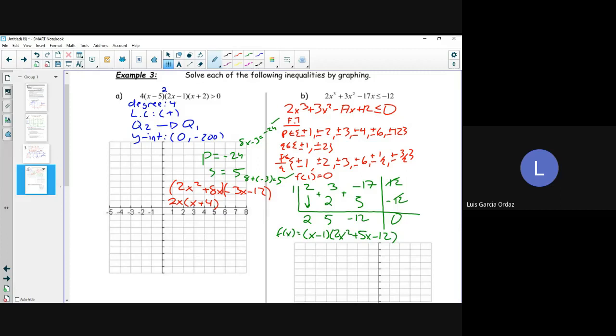Negative 3. So we're left with x plus 4, which means when we factor out this whole polynomial, we're left with f of x is equal to x minus 1, x plus 4, and 2x minus 3. But because it wants us to graph it out, we also have to remember to do that.